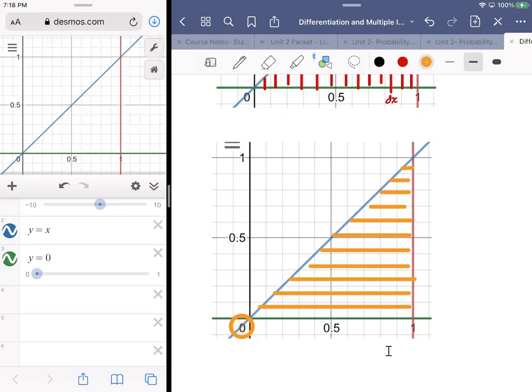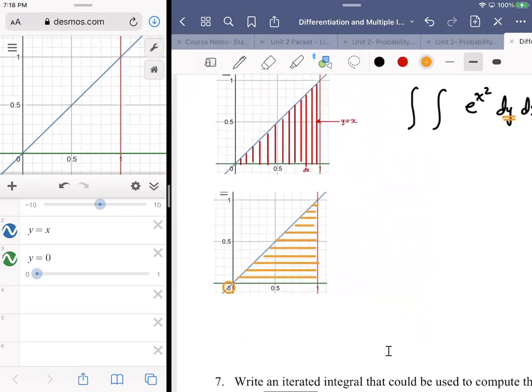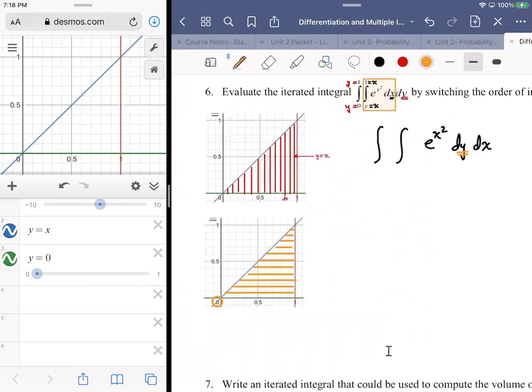So we're going from y equals 0 to y equals x. I'll write it as x equals y here, because we're changing the perspective. We're going from y equals 0 to y equals x. But then I also want to have the restriction in terms of x going from 0 to 1.